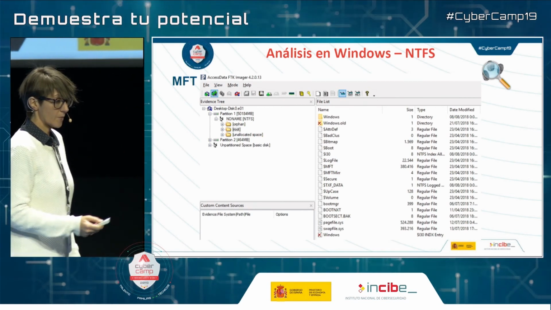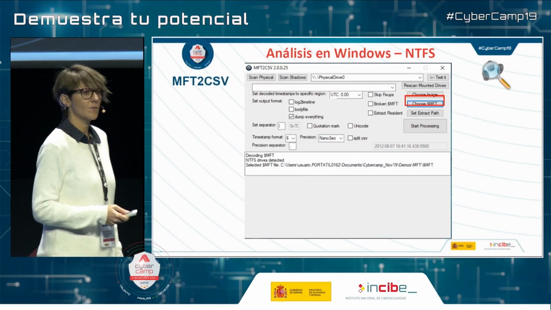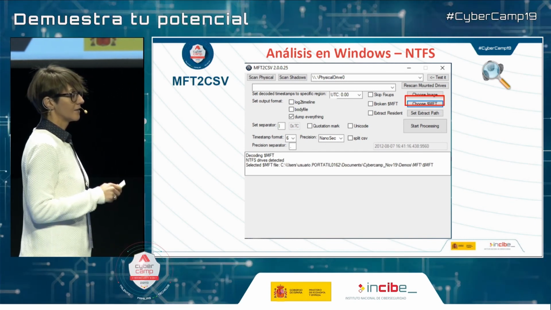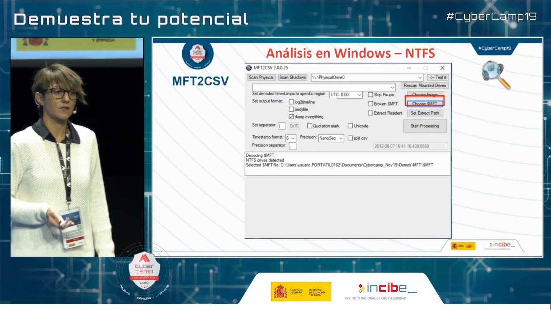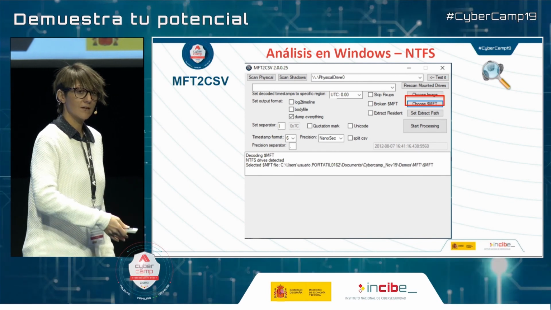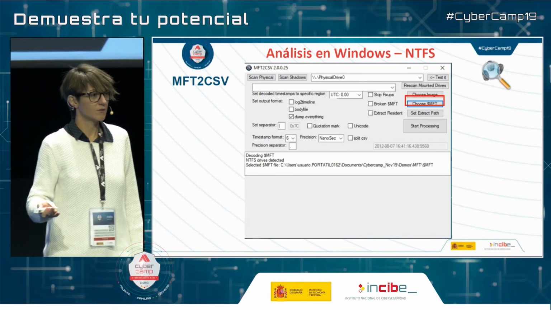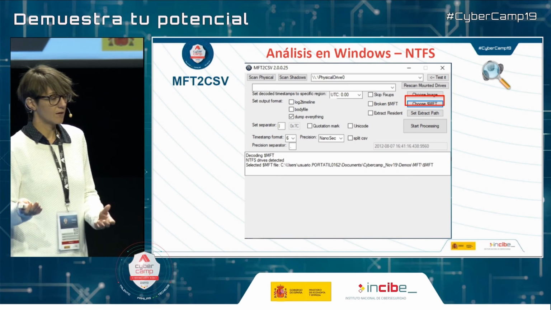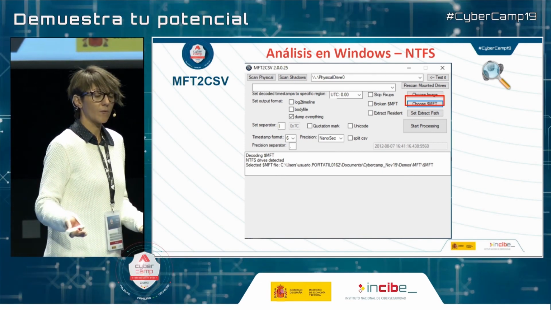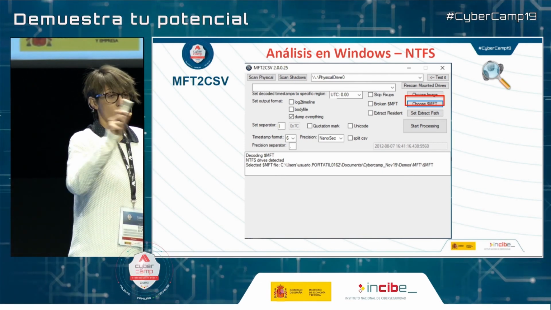If it's a binary file, then we can't open it. So in order to do so, we use an MFT tool, MFT2CSV. We take the MFT and put it into a format that can be read by people.